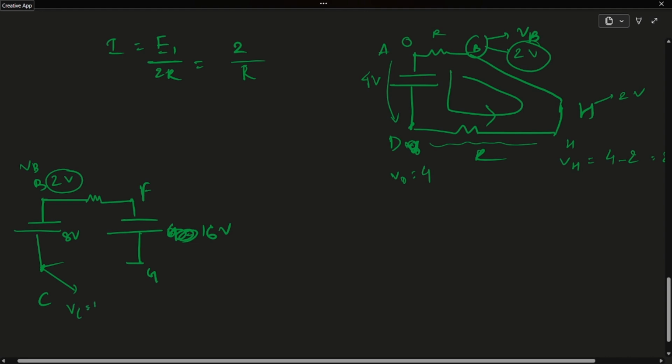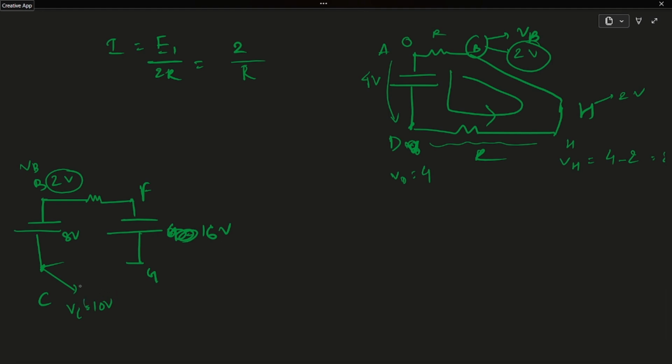VC will be 10 volt, as we go from B to C, there is an increase of 10 volts, right? 10 minus 2 is 8 volt. Okay. Correct.